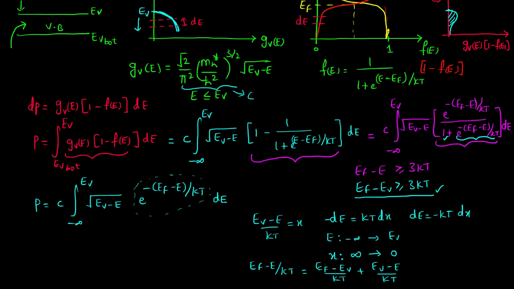We can write (EF minus E) over kT as this equation, where the second term is actually defined as the variable x.